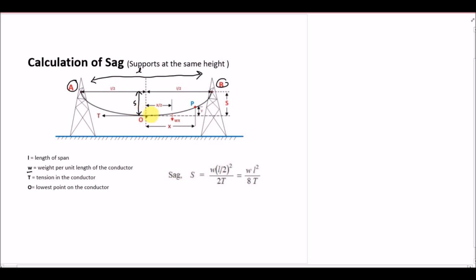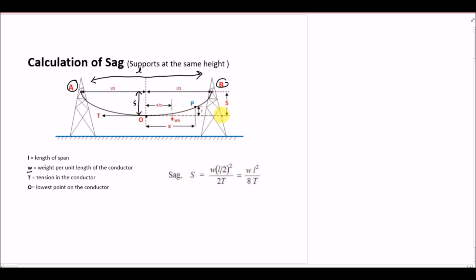To start with the derivation, I will consider a point P, which is at some height y from the point O, as well as at a horizontal distance x, right? What we assume is that this particular curve is so small that this distance OP is actually the horizontal projection of the actual curve OP.